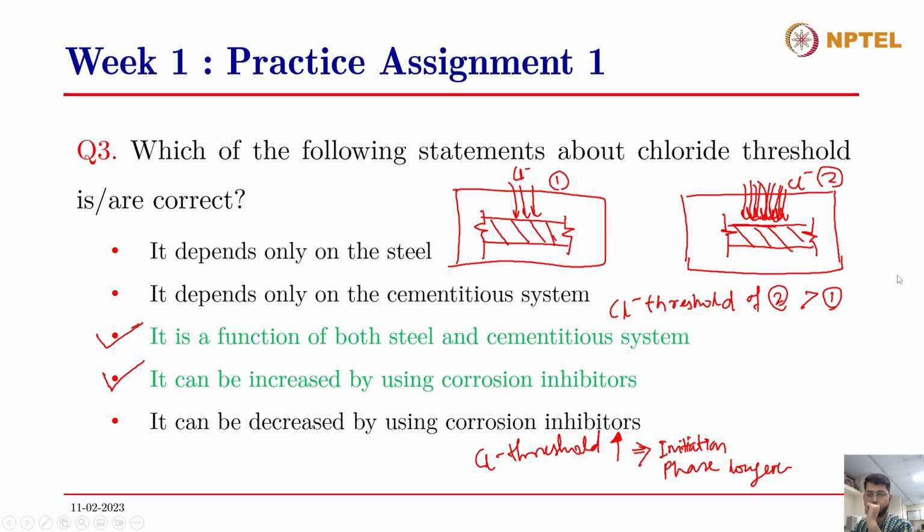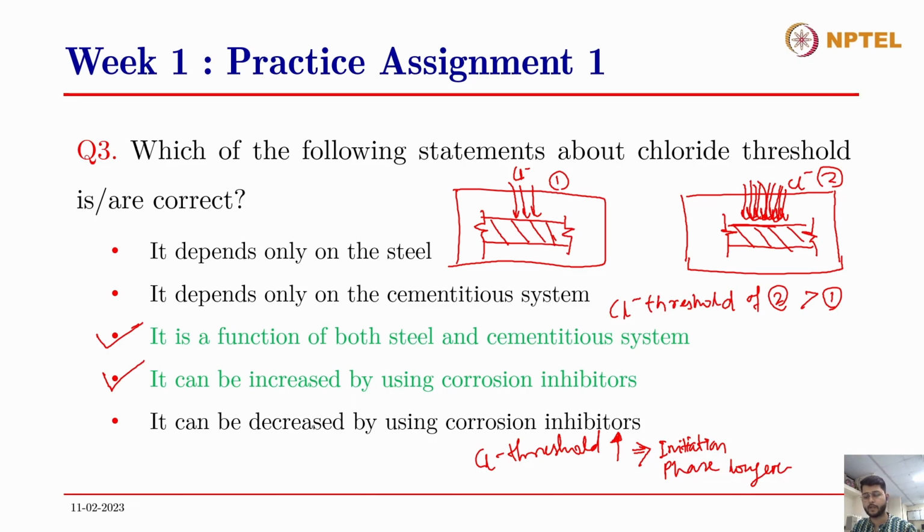Corrosion inhibitors are certain chemical admixtures that are added to the concrete while mixing it. These are typically bipolar corrosion inhibitors, as you have already seen in the lectures.